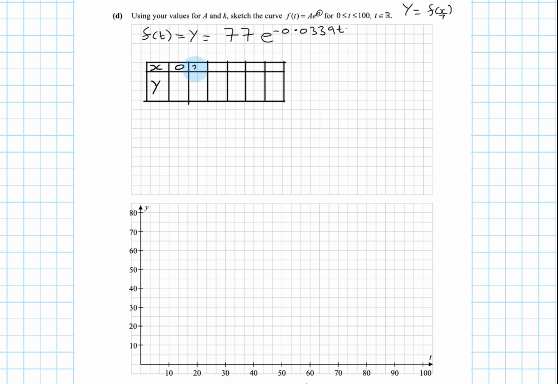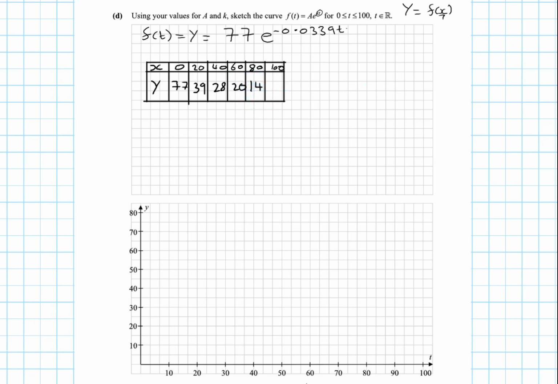We know that when t was 0, we had 77. Then if you put in 20, what we get is 39.1. Then you get 27.8, then 19.8, 14.